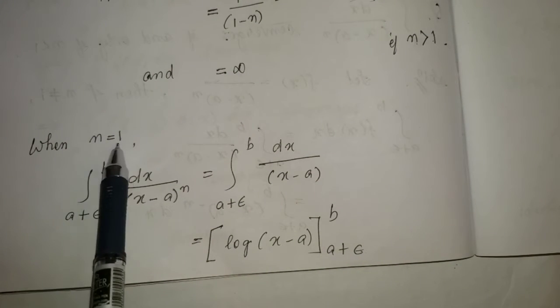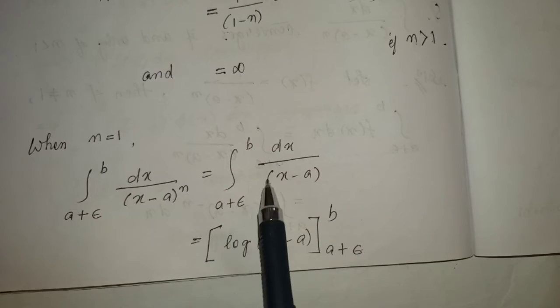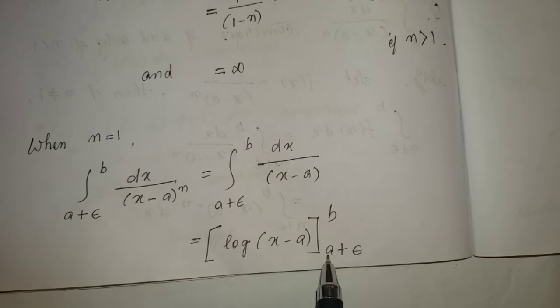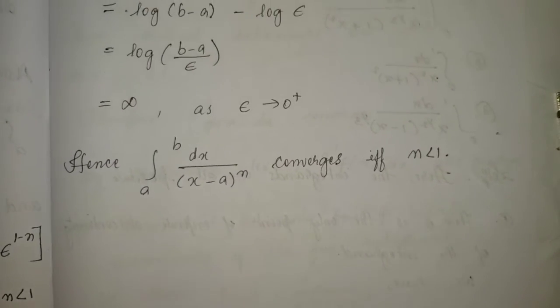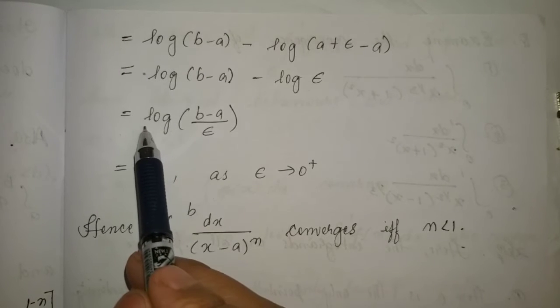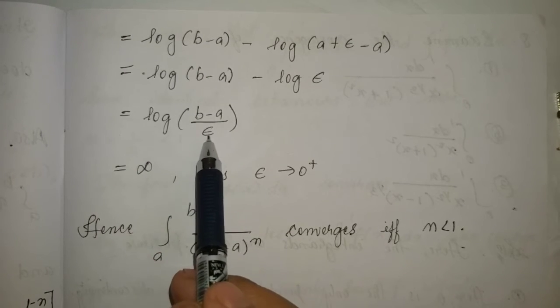When n is equal to 1, if you find out this integration, you're going to get log of x minus a, from a plus epsilon to b. Then if you substitute the limits, you're going to come to this stage: log of b minus a by epsilon.